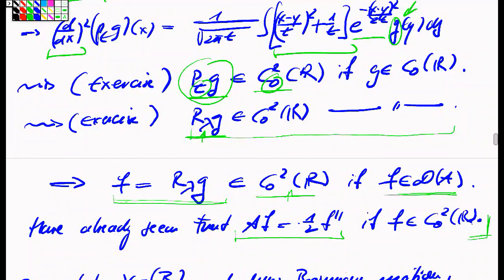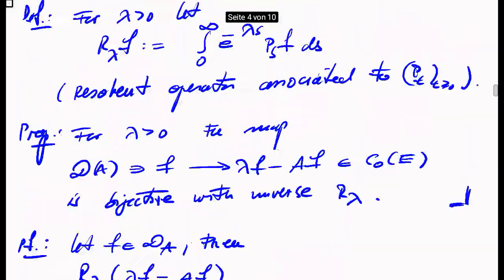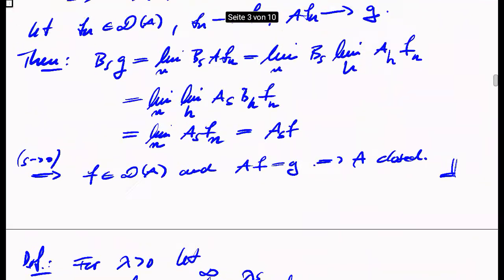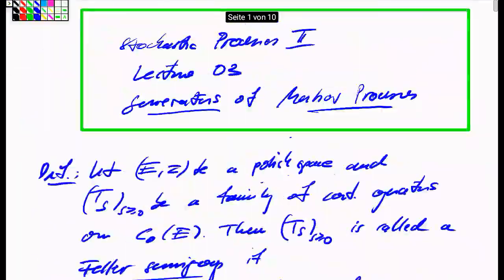Let me recapitulate what we did. We had finished the last lecture with a partial characterization of the generator of a Brownian motion on Euclidean space, on the Euclidean line. And what we wanted to achieve in this session is a full characterization.